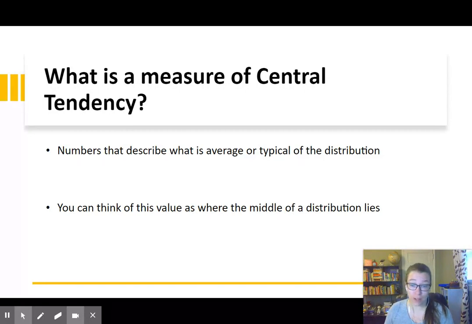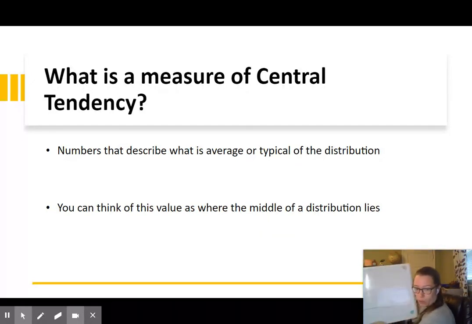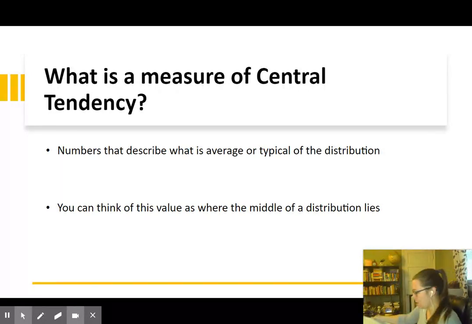Now, you might be thinking to yourself, what is a distribution? A distribution, we can think of it as the range of where all things can occur. So this is going to be a graph maybe of average SAT scores. We have all of our possible scores. Let's see, what does it go up to now?